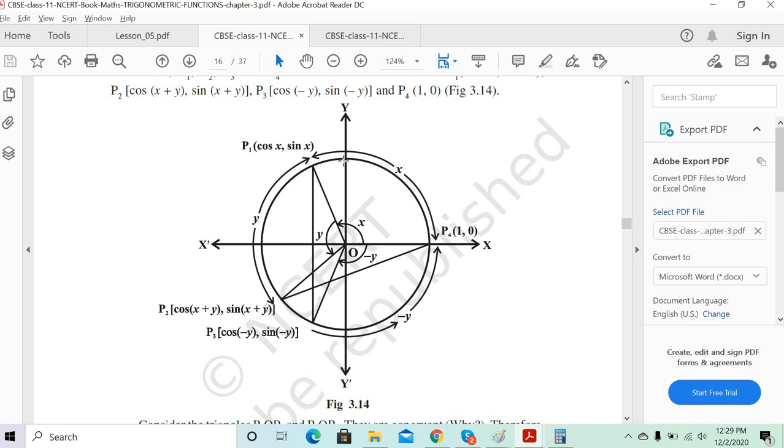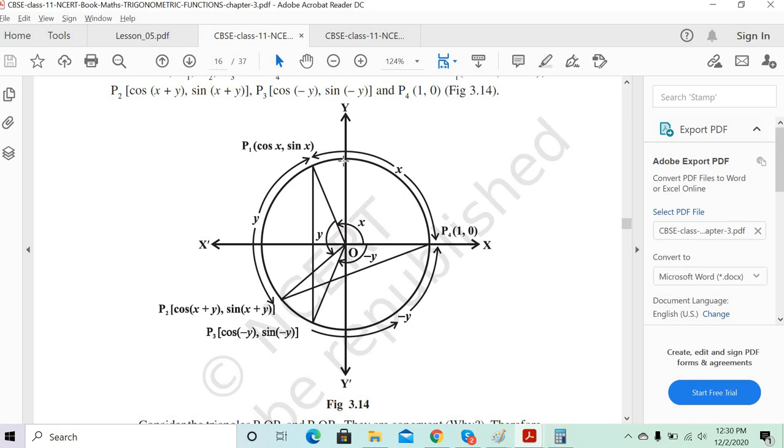When P4 is going to P1 and P2, it's going in the anti-clockwise direction with a positive angle. And when OP is going clockwise to P3, then it's minus. Clear? Excellent. So the figure is clear to you?